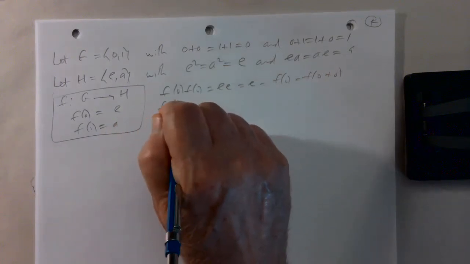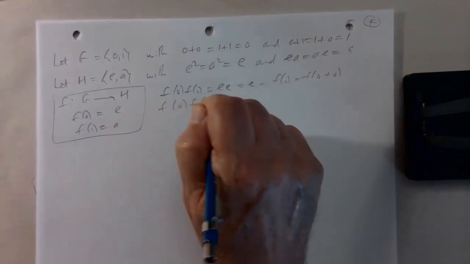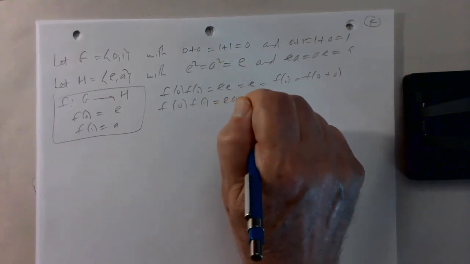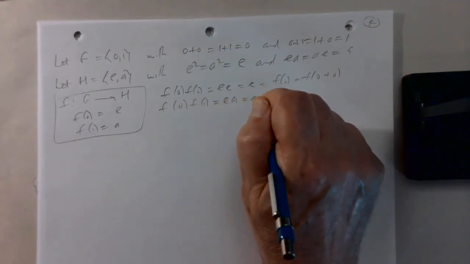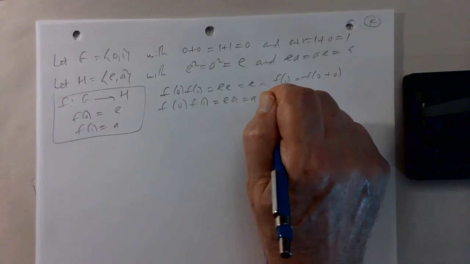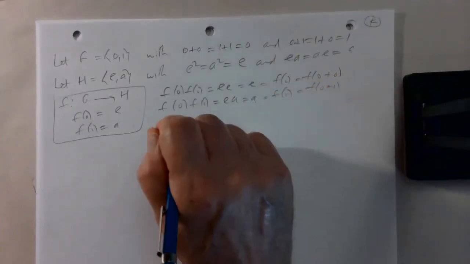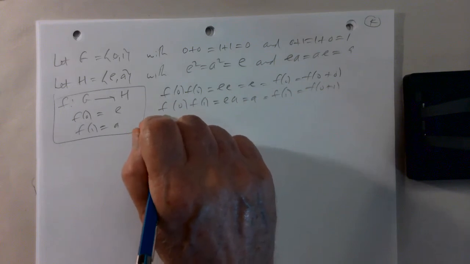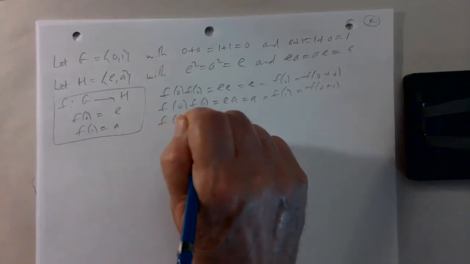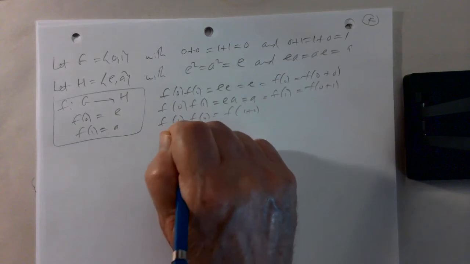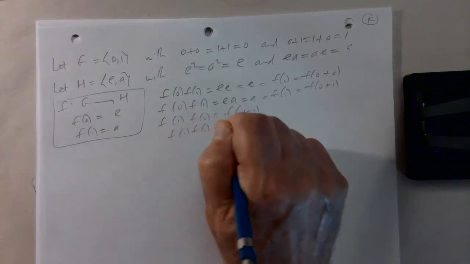And if we take f of 0 times f of 1, that's E times A, which is A. A is equal to f of 1, which is f of 0 plus 1. And we can check similarly that f of 1 times f of 0 is f of 1 plus 0, and f of 1 times f of 1 is f of 1 plus 1.